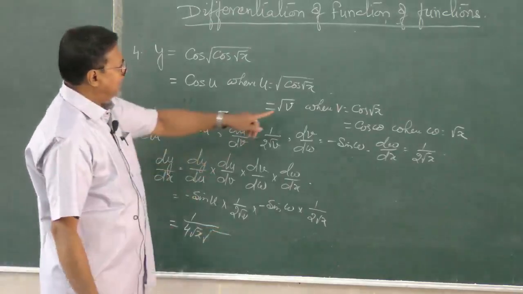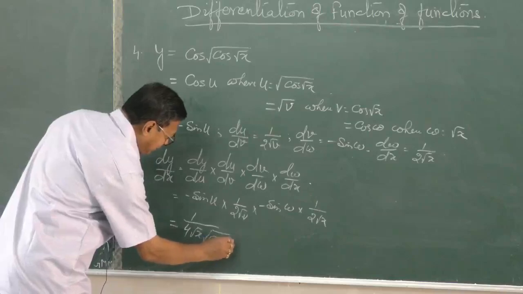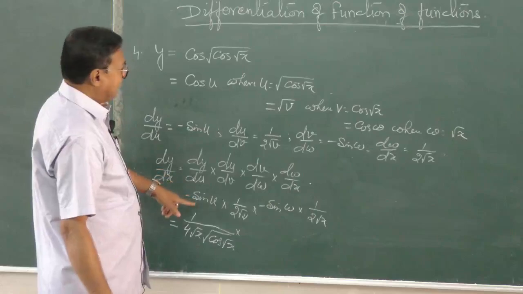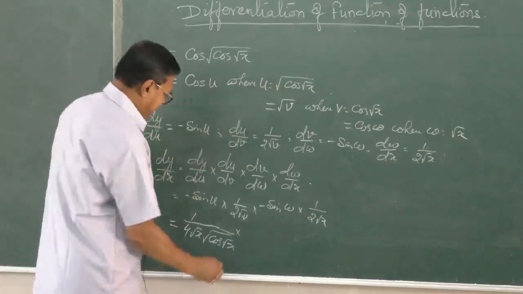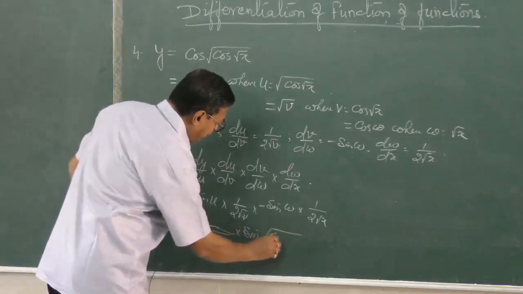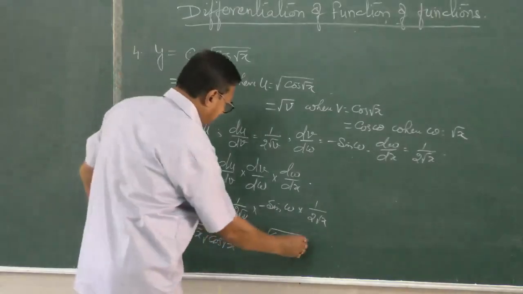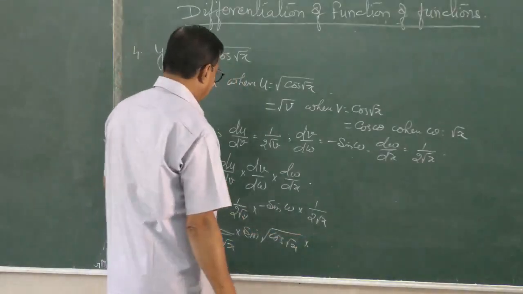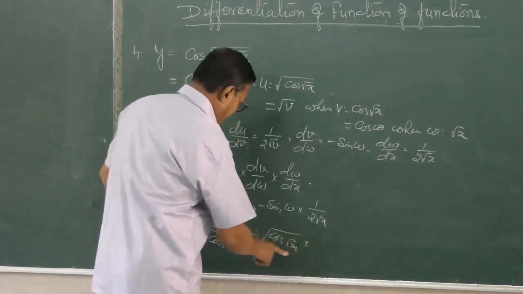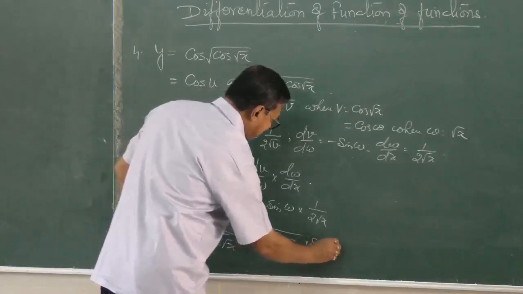Now root over v, v is cos root x. So replace v with this, into sine u, u is this. So sine of root over cos of root x into du by dv, that is 1 by root v we have written. This is written into sine w, w is root x.